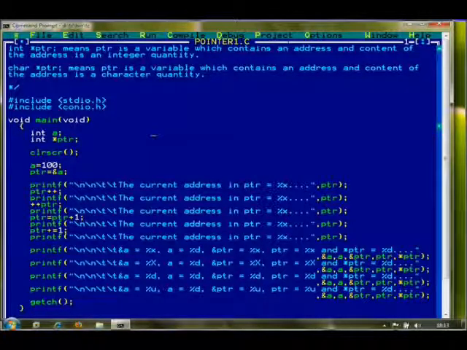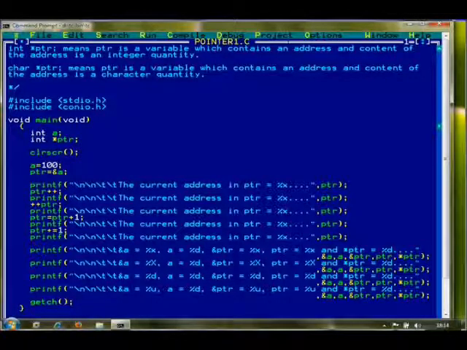Internally, when this high-level language program is translated by the compiler, PTR++ will have the corresponding micro instruction increment. But PTR is equal to PTR plus 1 will have the corresponding micro instruction add.